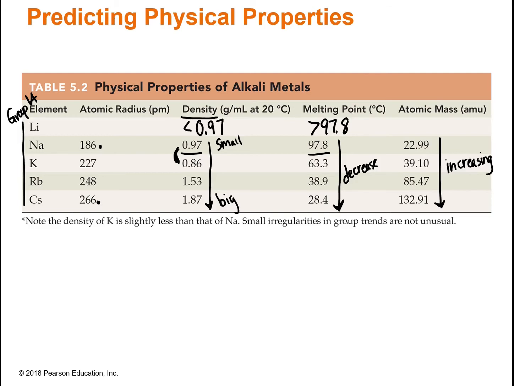We're decreasing as we go down the group. So that means anything that's above sodium should have a higher melting point. In atomic mass, we're increasing as we go down. So that means that the mass should be smaller than 22.99.